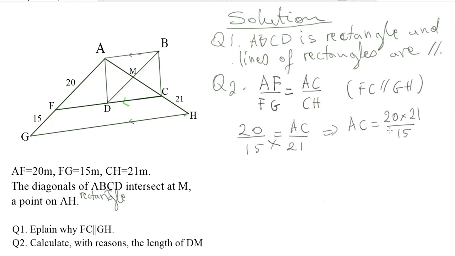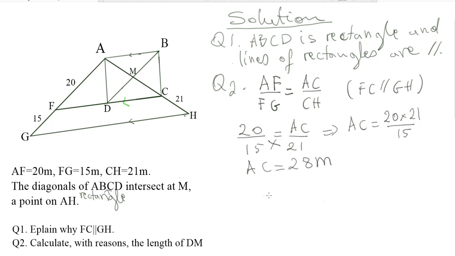So we have 20 multiplied by 21, divided by 15, so the answer will be 28. So AC is equal to 28 meters.